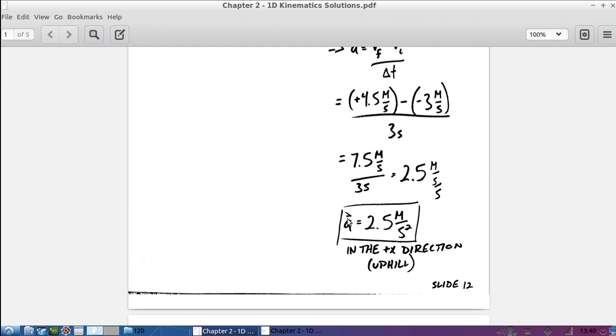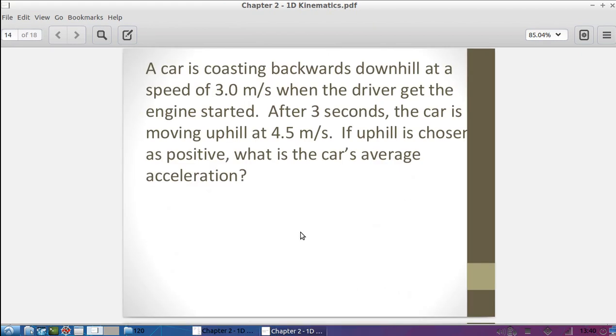It's an acceleration, so I've got a vector hat. But just to give it a little more description, I'll say it's in the positive x direction. It's positive, but the acceleration is actually pointing up the hill. So a little bit of verbiage to go with your value is always a good idea. Definitely can't hurt.